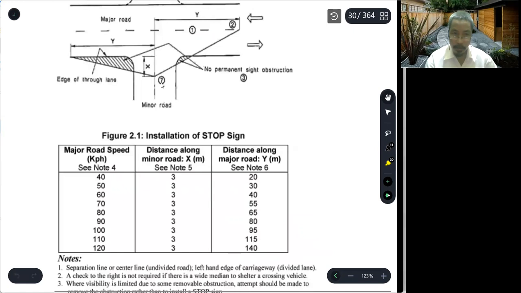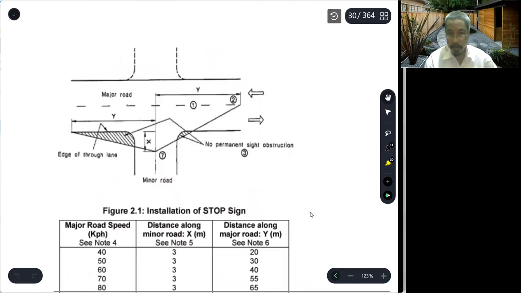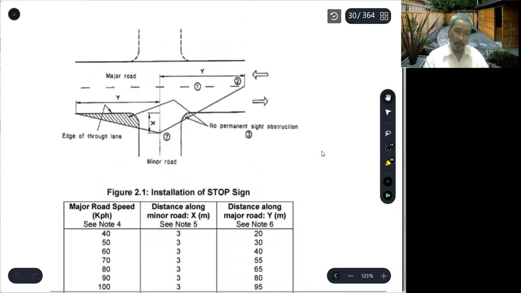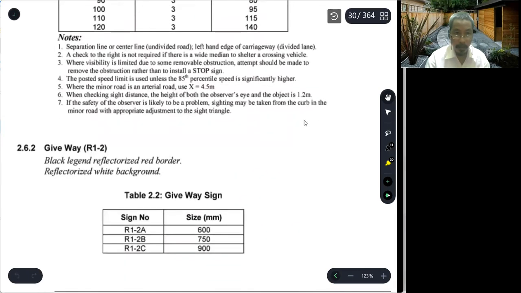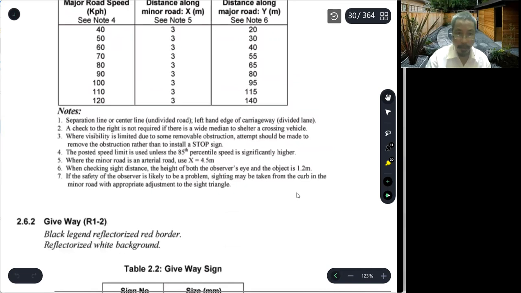That is what we meant by this, from the minor road. So we must put in the necessary stop sign before that.